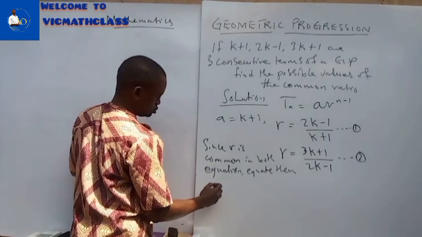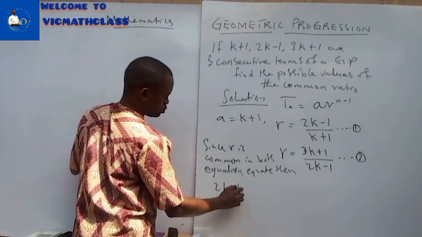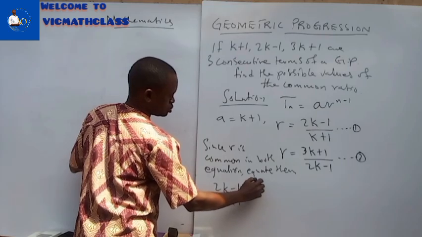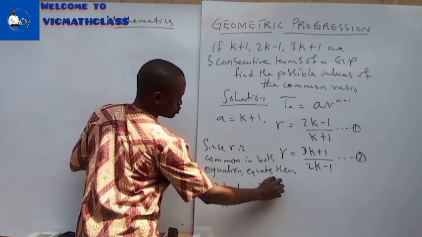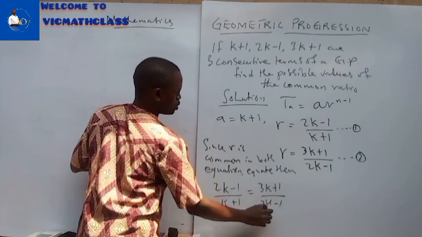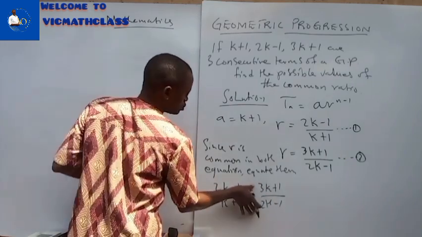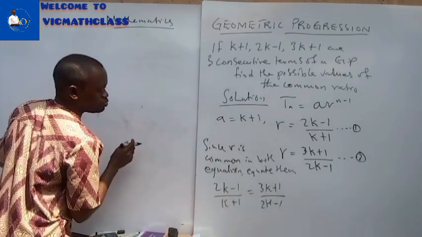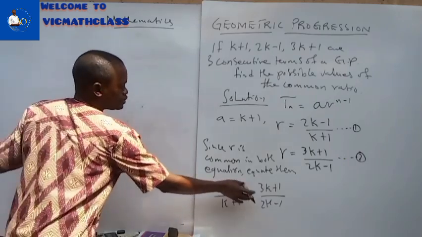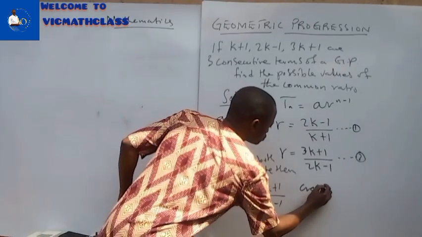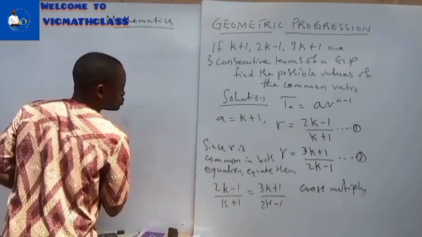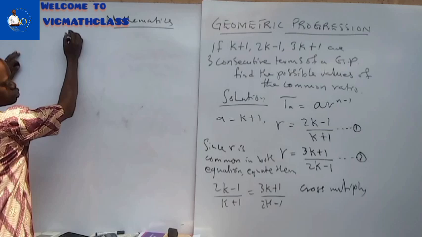So I can say 2k minus 1 over k plus 1 is equal to 3k plus 1 over 2k minus 1. So we are here now in simplification of algebraic fractions, and in a matter like this, you cross multiply.